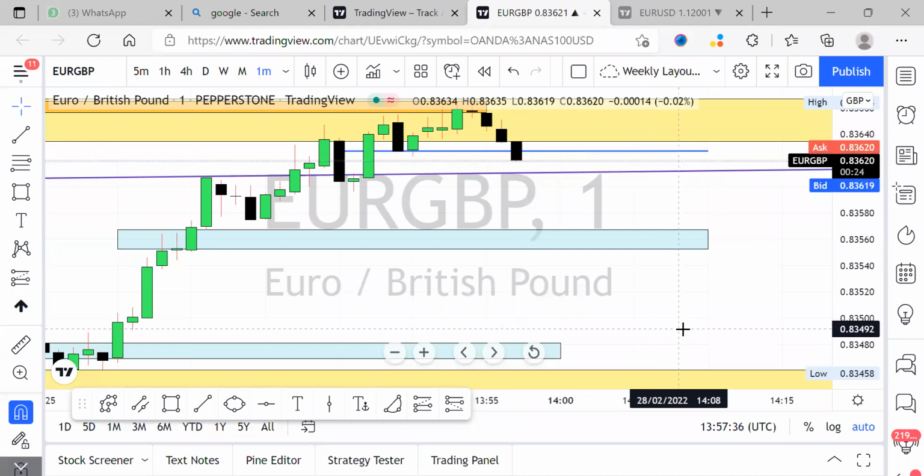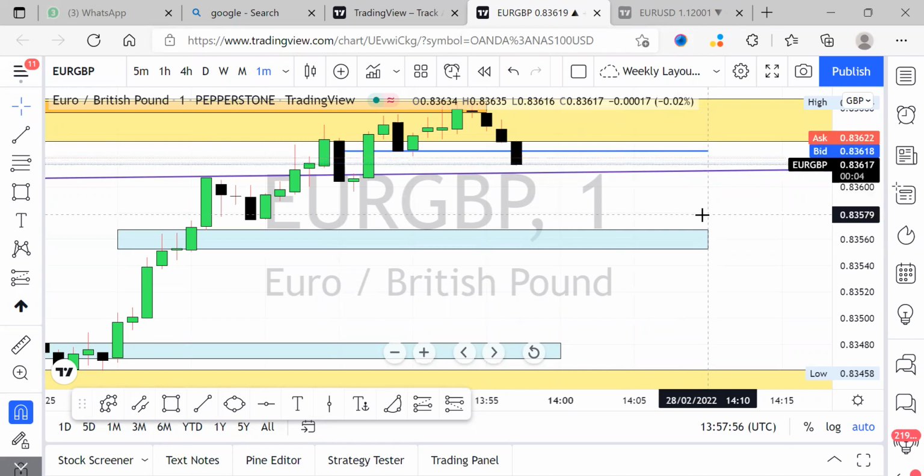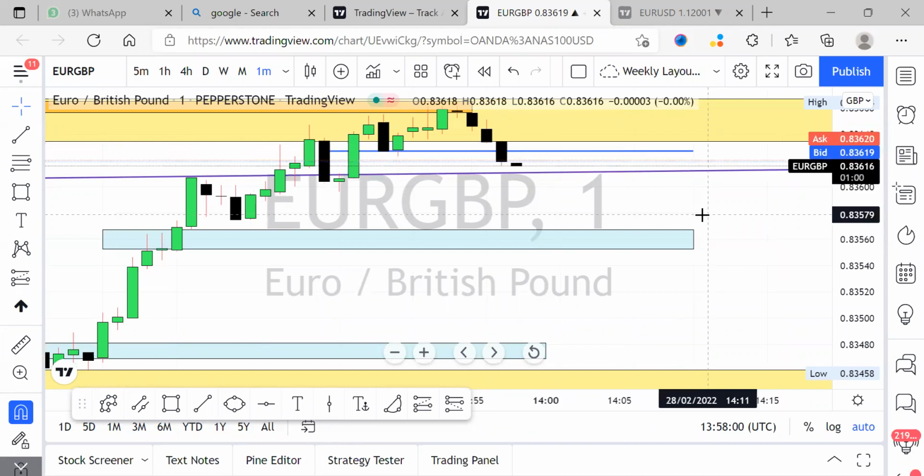If you look carefully, in the next 23 seconds we want to see price go further down. Only the blue line, I'm interested in nothing else.